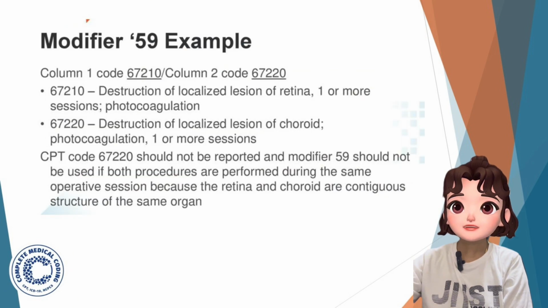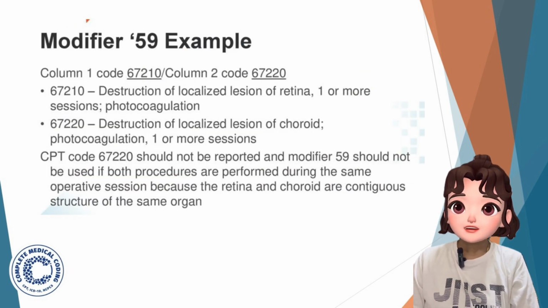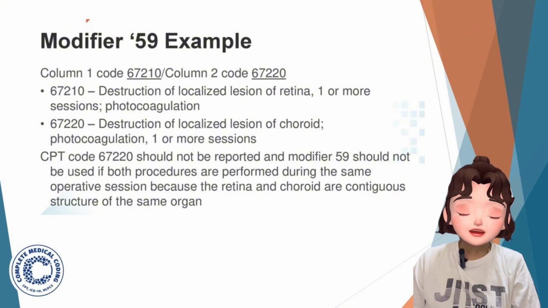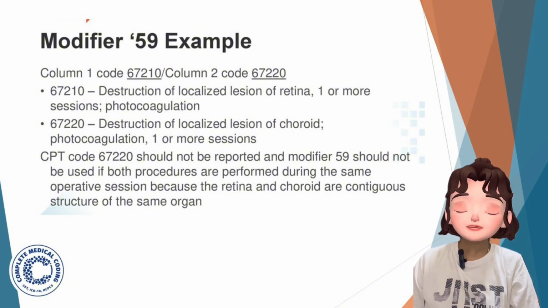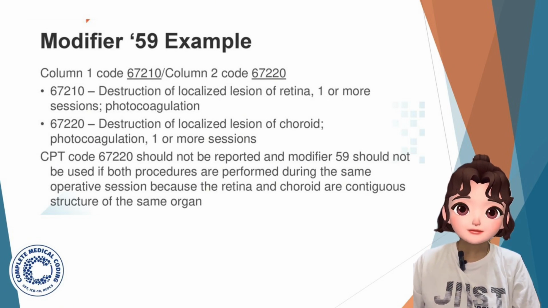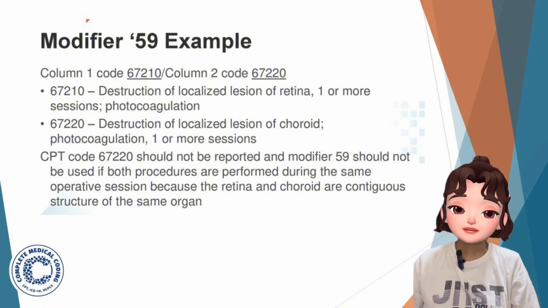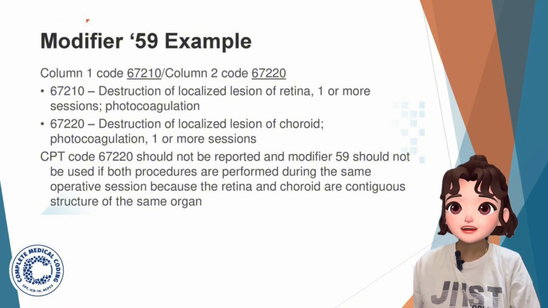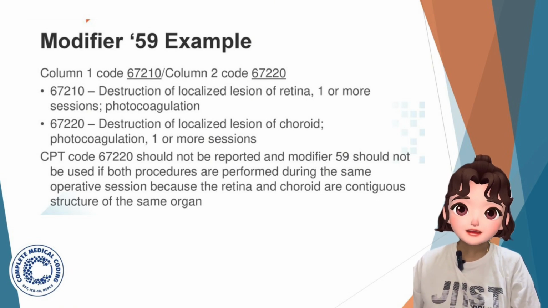Now let's look into one more example, a modifier 59 example. This is not actually an example, just a comparison of two codes, 67210 and 67220. 67210 means destruction of localized lesion of retina, one or more sessions, photocoagulation.